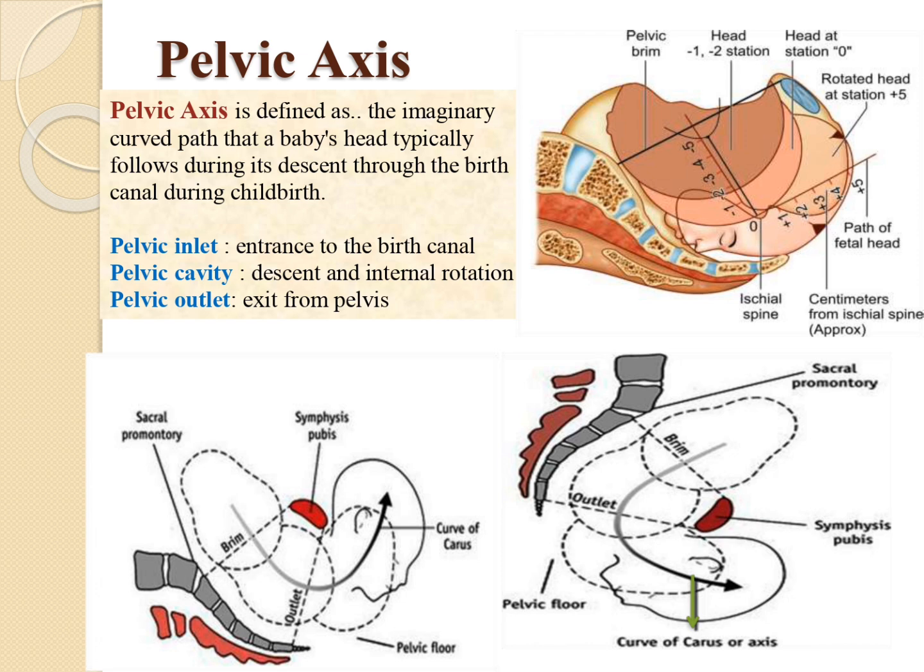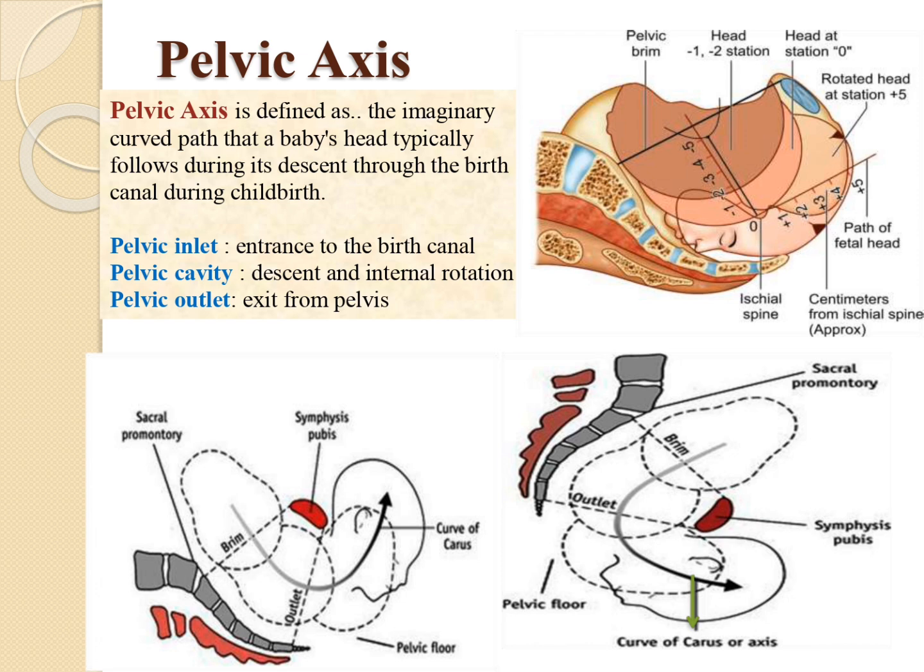These figures show 7 cardinal movements of fetus during labor along the pelvic axis and obstetric axis, like engagement, descent, flexion, internal rotation, extension, external rotation, and expulsion.